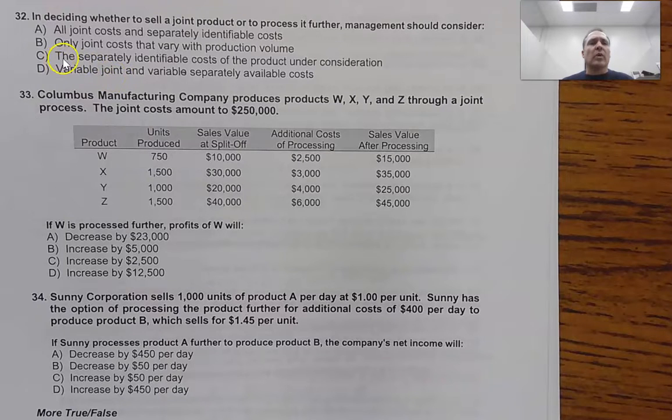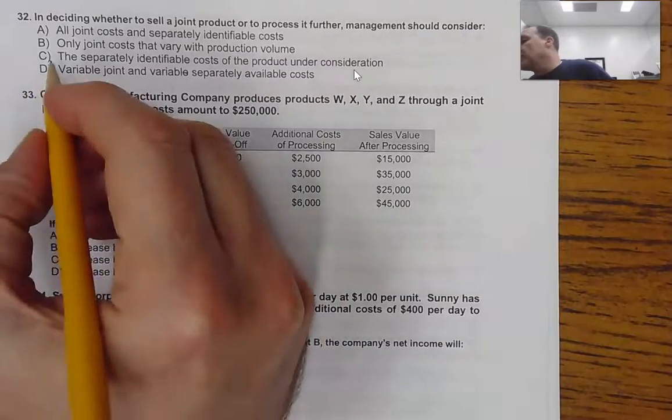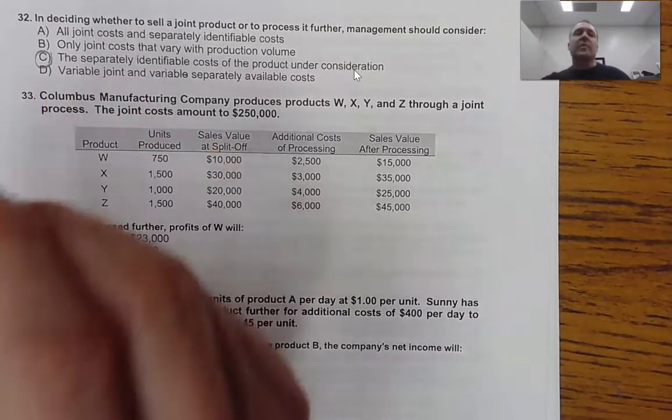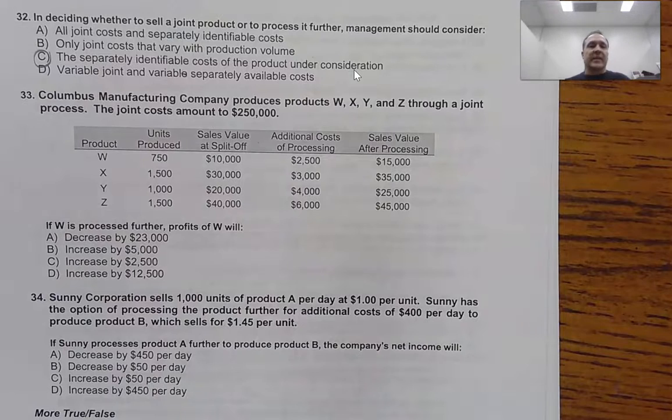What we're concerned about is separately identifiable costs of the product under consideration, and also we could expand that a little bit further and say the associated revenues that come with those costs. So 32, the answer is going to be C.